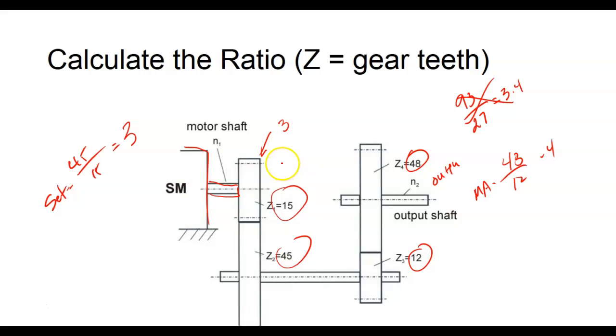So if this right here was turning at 1200 RPM, then what would it be turning down here? So what would it be turning right here?